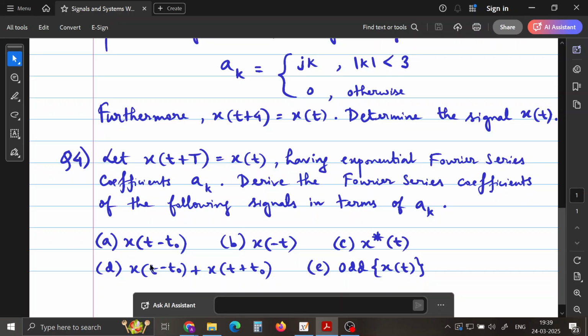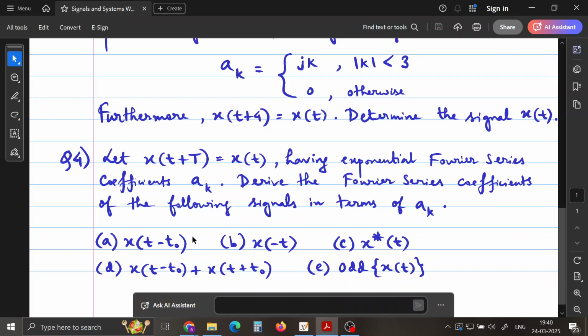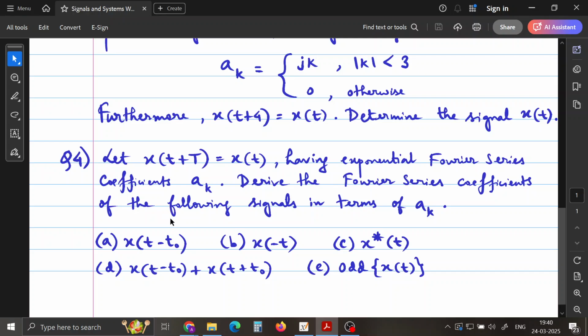Now in these problems, you are given some modified versions of the original signal. For example, in part A, you are given a time shifted version of the original signal, x of t minus t naught, and you have to find its corresponding Fourier series coefficient in terms of ak.